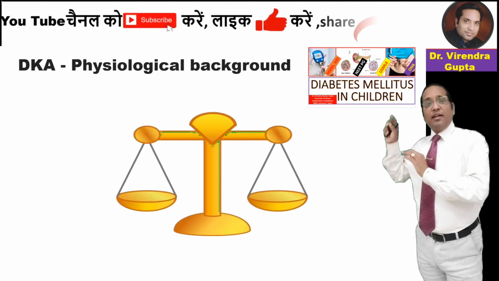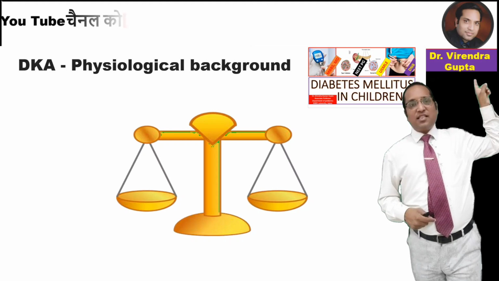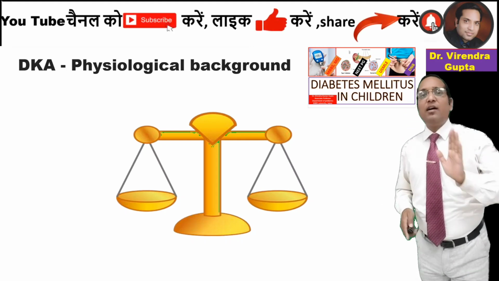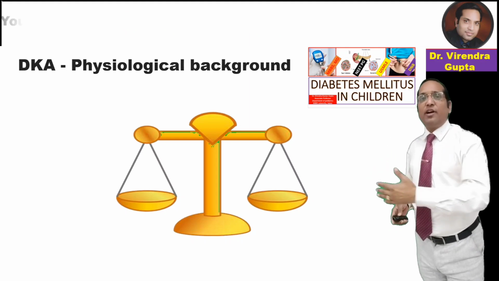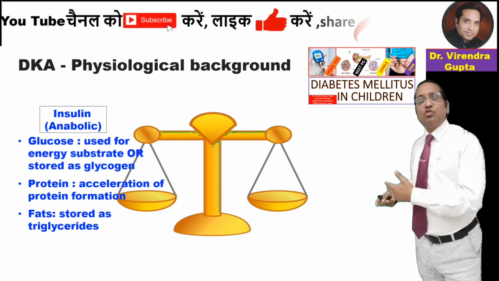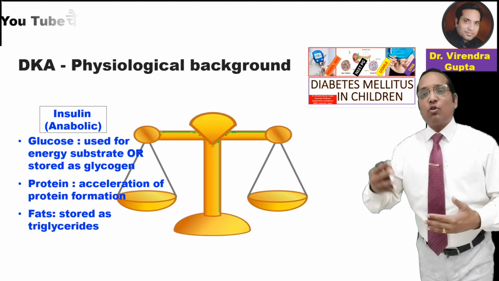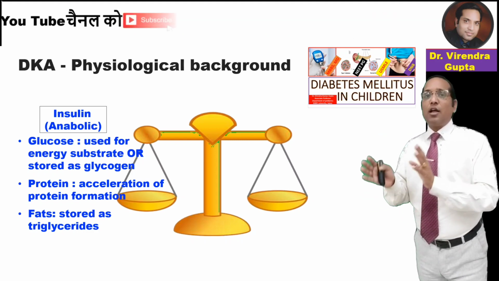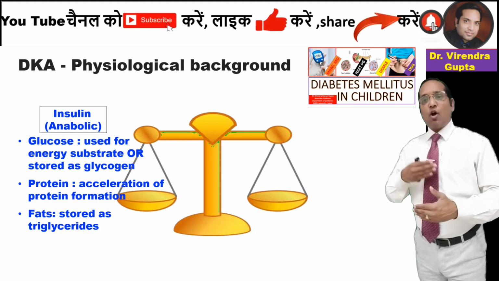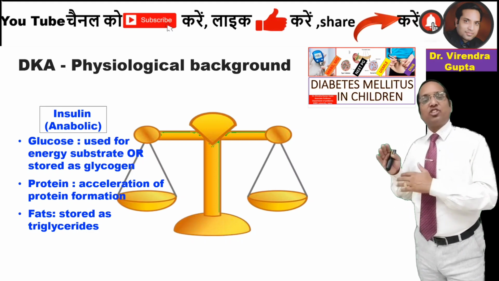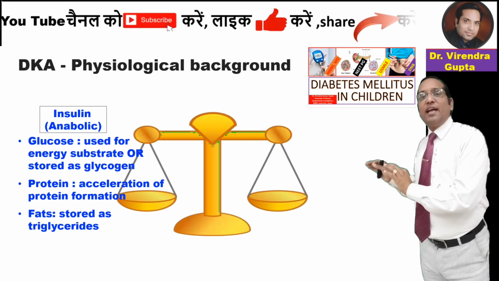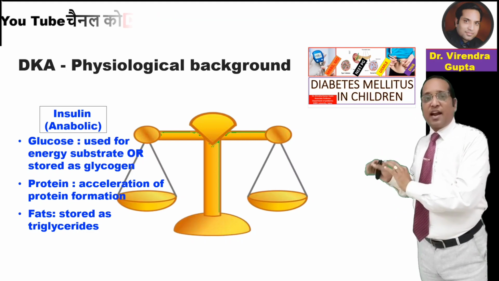So guys, in the last class, as we discussed in diabetes mellitus, the physiological background of insulin and its counter-regulatory hormone glucagon: insulin works on the use of glucose as an energy substrate and storage as glycogen, accelerates the production of protein, and fat can be stored in the form of triglyceride.